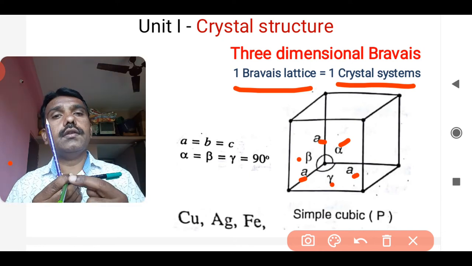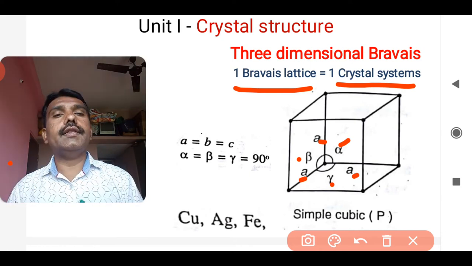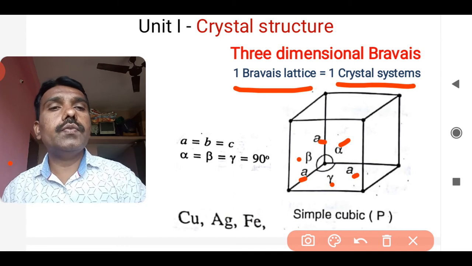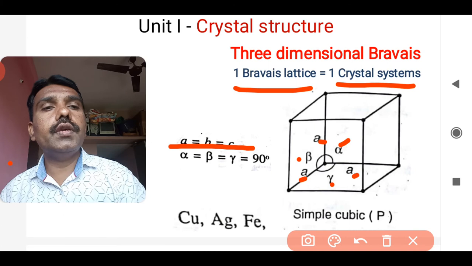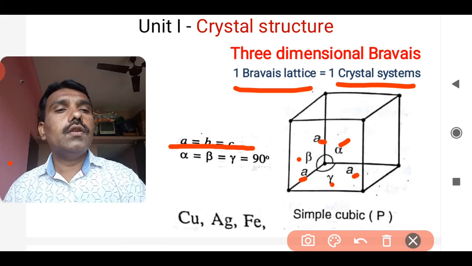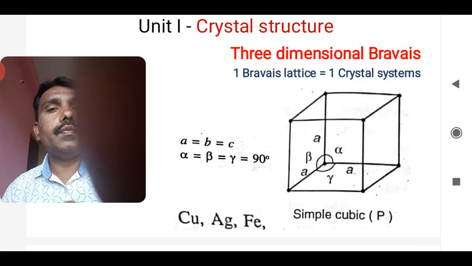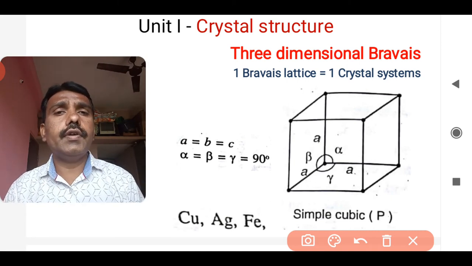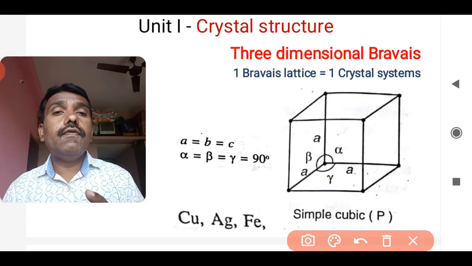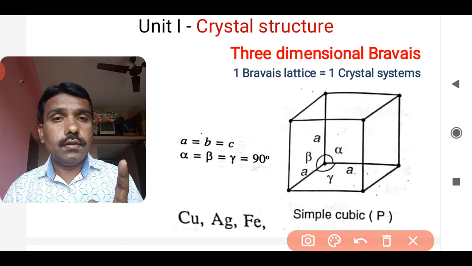The three vectors A, B, C have equal lengths, and that's why it is written A equals B equals C. Now again, the very important factor is that alpha is the angle between vectors b and c.